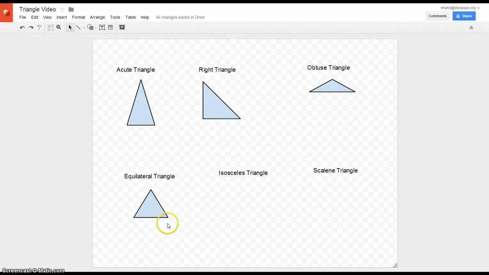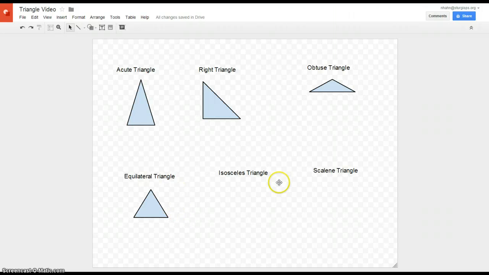Of course, we want it to be perfect if we can, but you can see that all three sides are the same length, and this triangle would also be classified as an acute triangle. So it would be an equilateral acute triangle because all three angles are acute and all three sides are the same size.